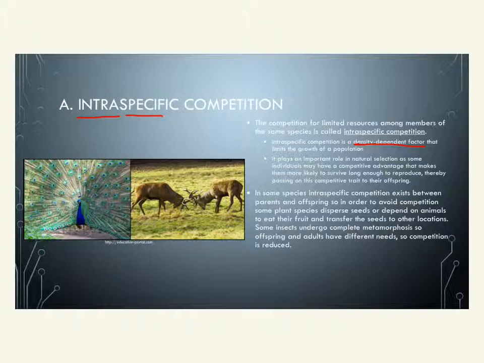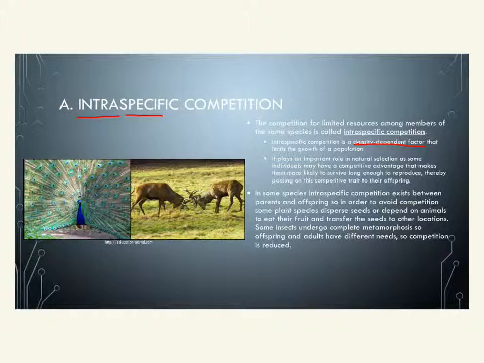It's interesting to think that some species have this intra-specific competition between parents and offspring. There are many examples of species that attempt to avoid this competition. For example, many plants disperse their seeds around.